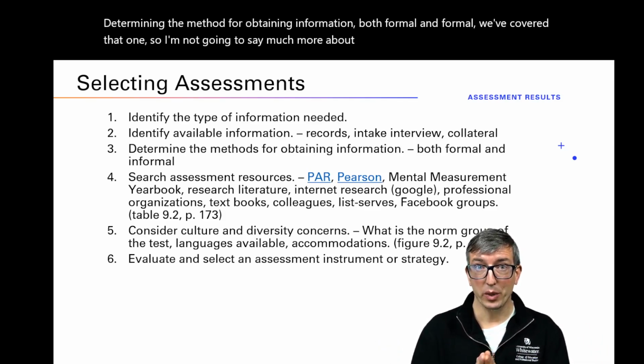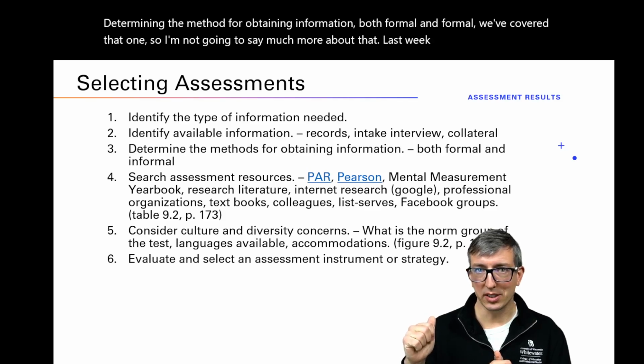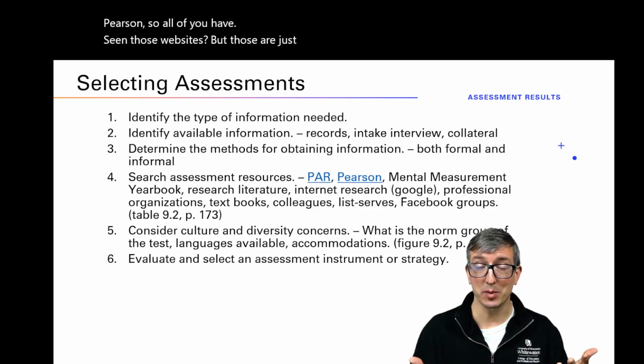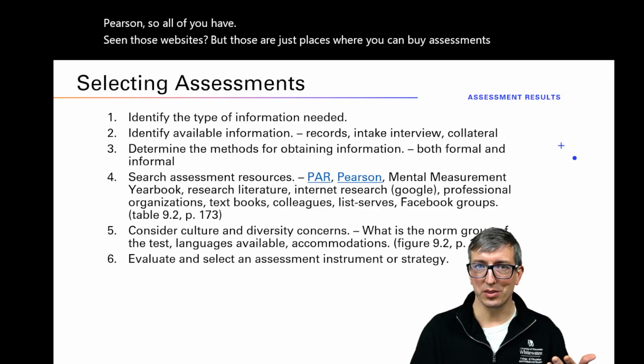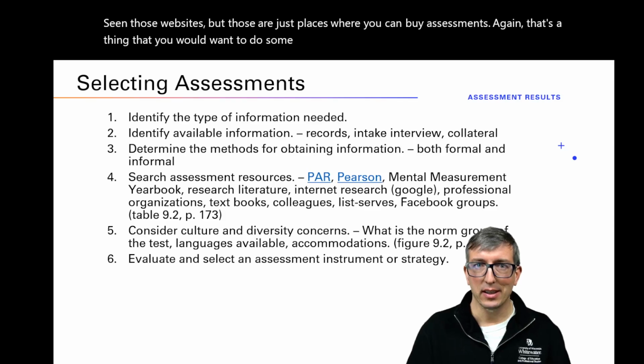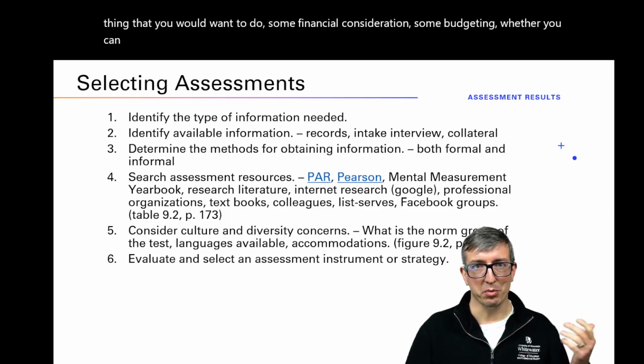Last week, we discussed PAR and Pearson, so all of you have seen those websites, but those are just places where you can buy assessments. Again, that's a thing that you would want to do some financial consideration, some budgeting, whether you can get money from a school to provide a service.